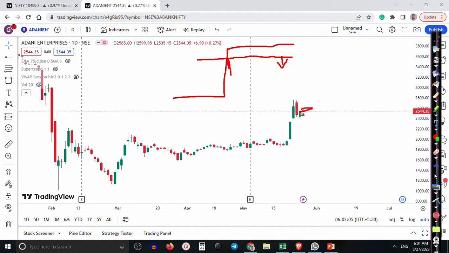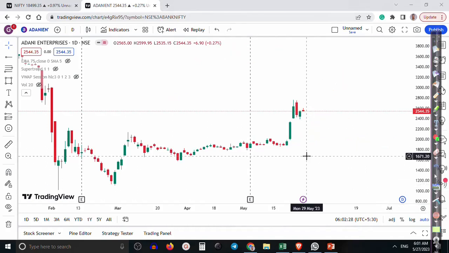If Adani stays above this level, around 2000, we collect all the premium. So that was my strategy, and I placed it for this month.